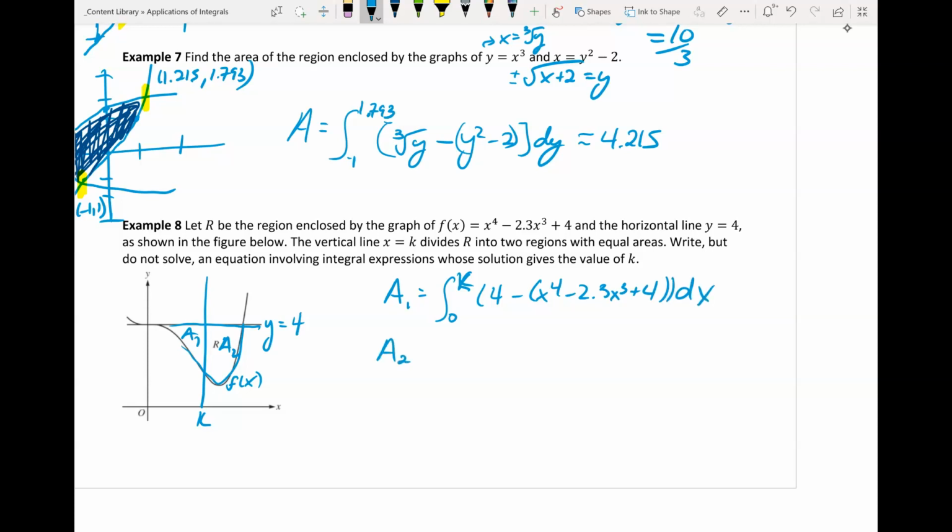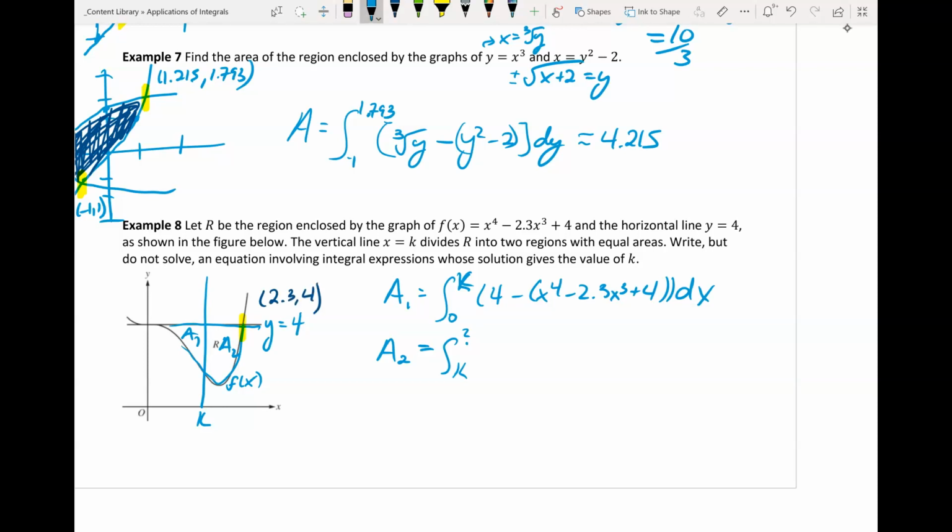Now let's focus on area 2. Our bounds are going to be from k, to, and we need to figure out what this is right now. We need to figure out the intersection point over here to figure out the x value for that. You can do that in the graphing calculator, and we're going to get 2.34 here.